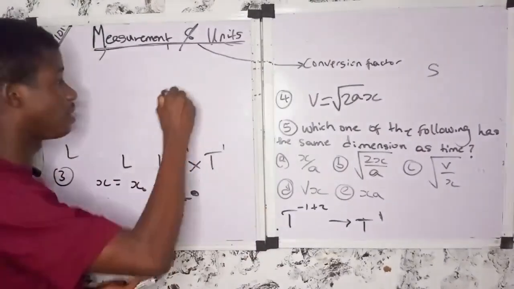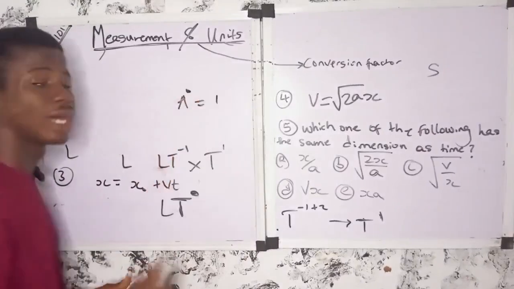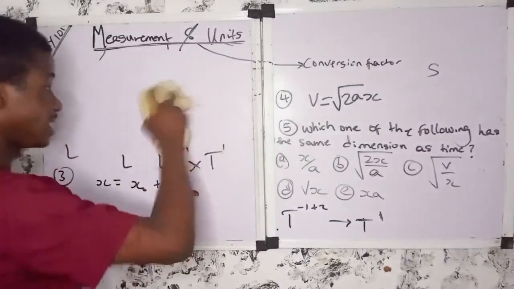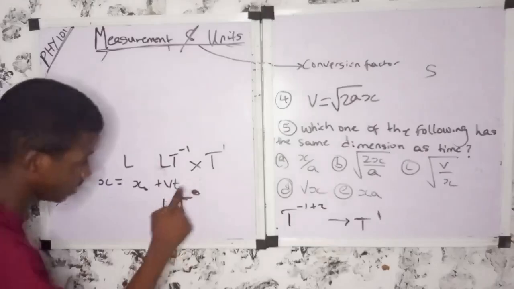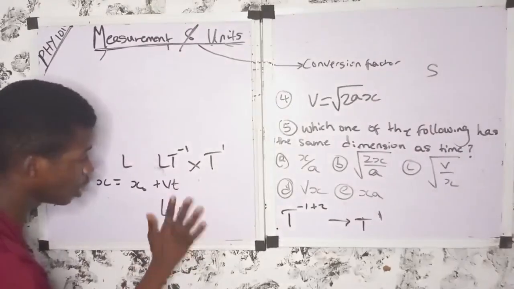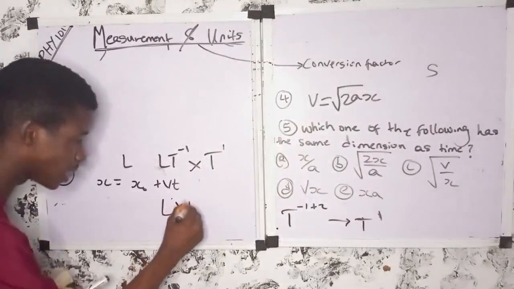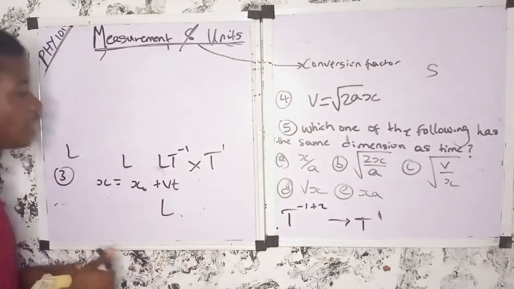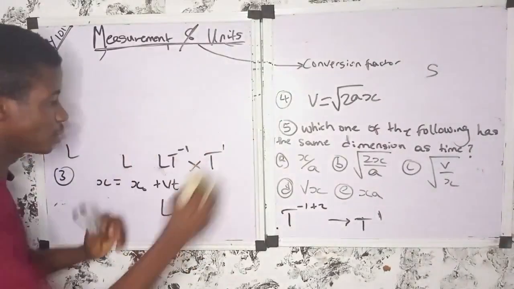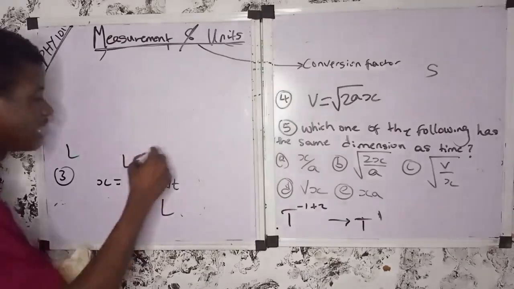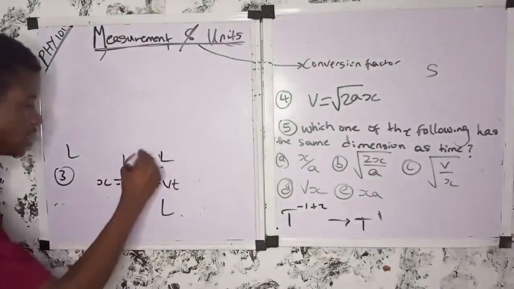Remember, anything raised to power 0 gives 1. That is still indices. So this T returns to 1. L times 1 will give us L. So everything here will be L.